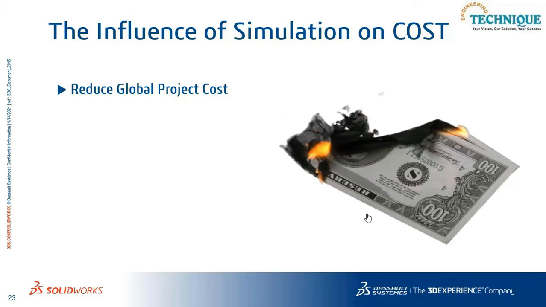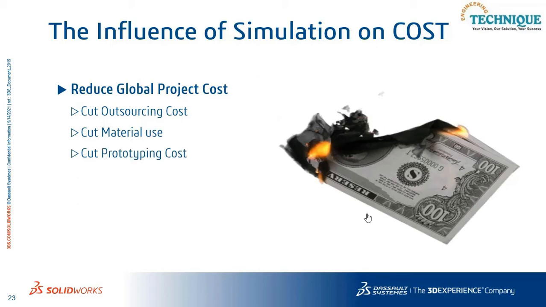And if I talk about the last, that is the costing part. The global project cost will be reduced, the outsourcing cost will be reduced, correct? If there is a frequent requirement of simulation, most companies will outsource the simulation part. But what if you have it in-house? Then that can be achieved inside your manufacturing facility.